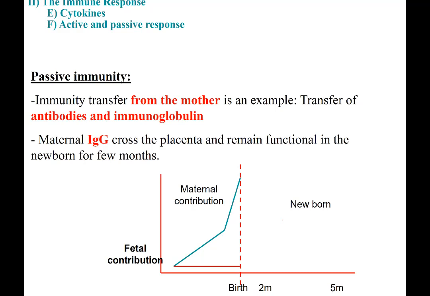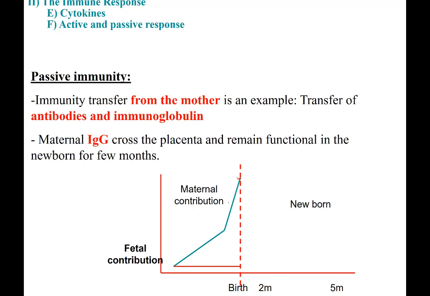If you look at the graph here at the bottom, the curve here in bluish or greenish is the amount of IgG, or if you want, the amount of antibodies that the mother is able to give directly to the baby. And that's why we call that a passive immunity. It's a production from the mother directly to the baby.